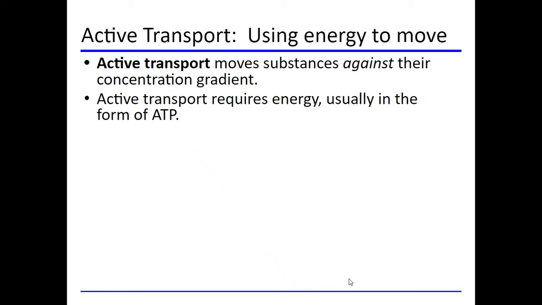It's going to take some energy for you to do that. We're moving against or up a concentration gradient, and so we need energy to do so. The most common form of cellular energy is our good old pal adenosine triphosphate, ATP, produced by our wonderful friend the mitochondrion, the location of our cellular respiration.